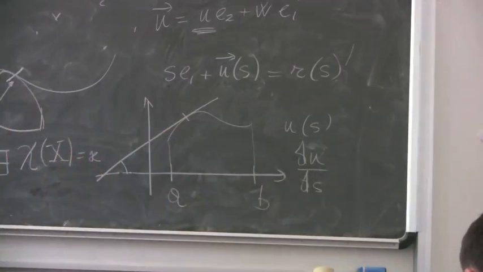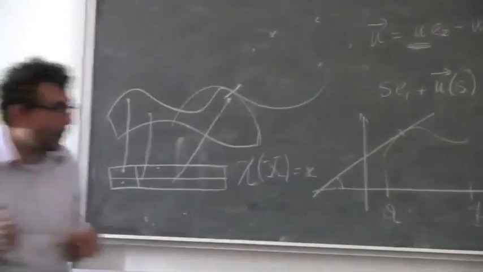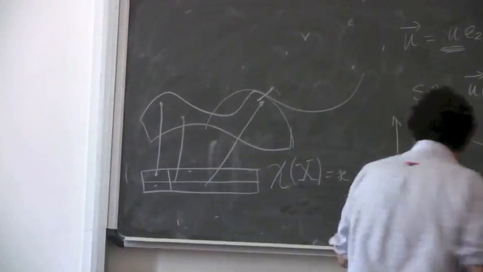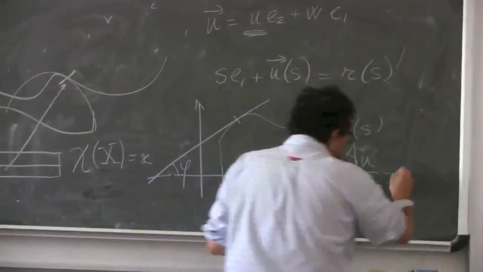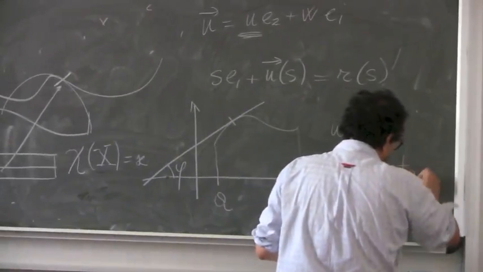I hope that you are familiar with it. Yeah? So you know that if this is phi, du over ds is tangent of phi.